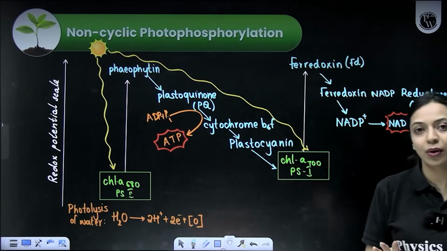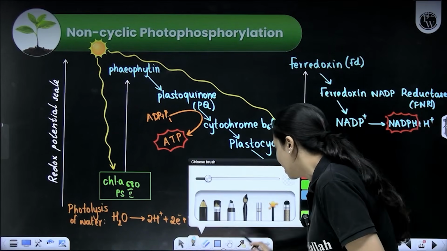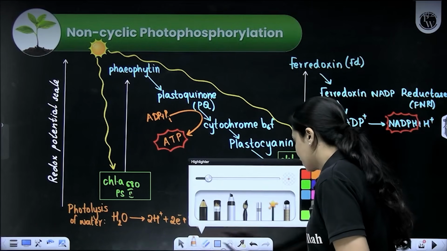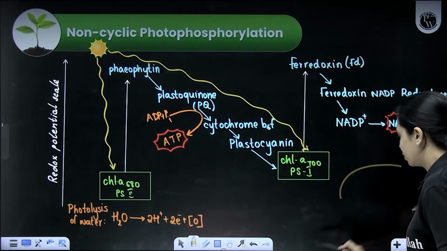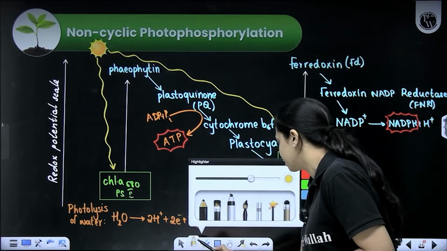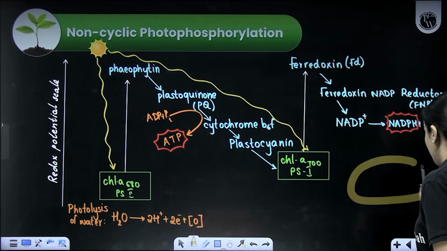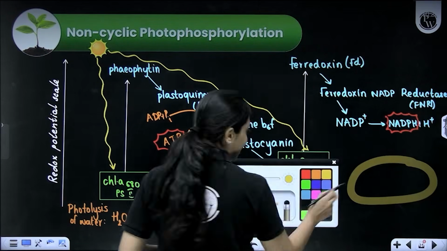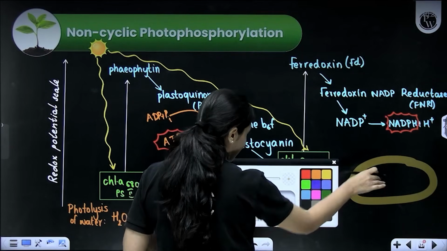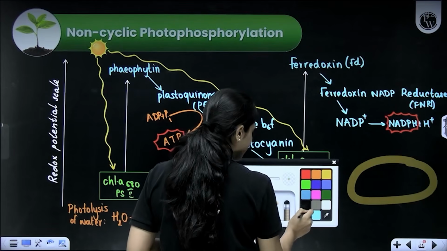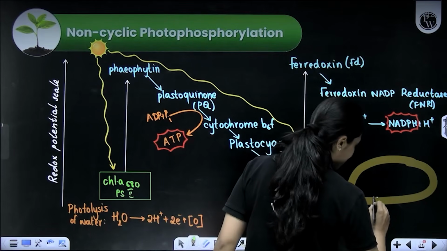Actually, in the membrane, let's say this is your thylakoid membrane. Within the thylakoid membrane, you will of course have the lumen, and within the membrane, you will have these photosystems.